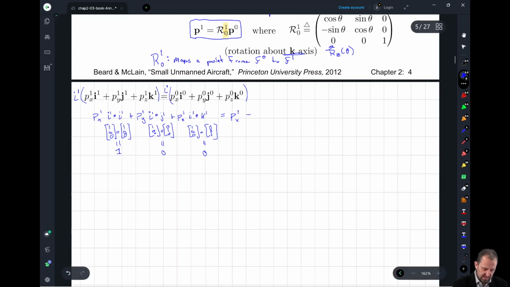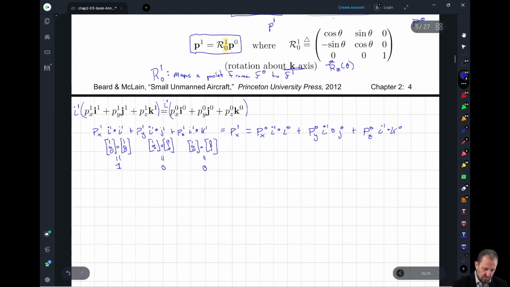Then the right-hand side is Px0, as we wrote it, times I1 dotted with I naught, plus Py0 times I1 dotted with J naught, plus Pz0 times I1 dotted with K naught. Excellent.